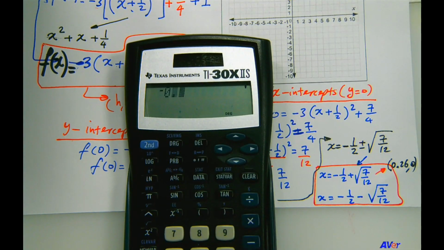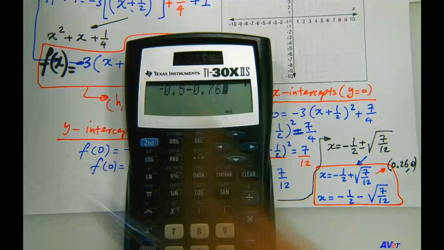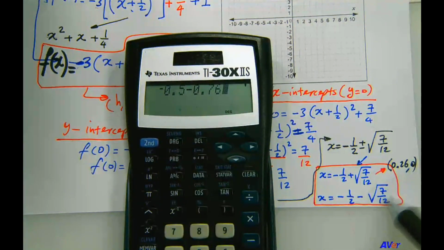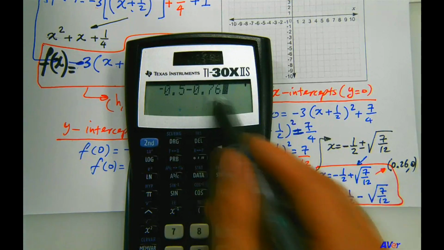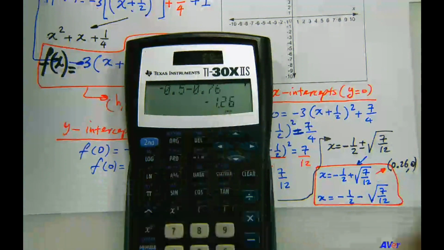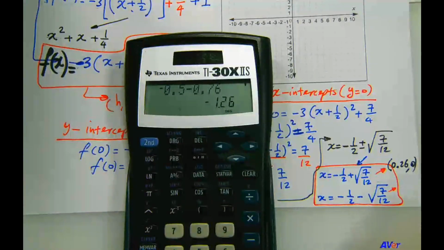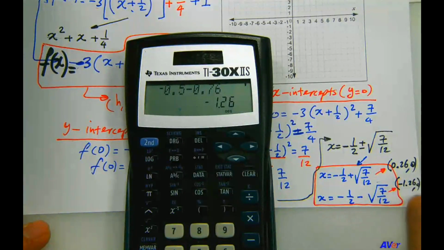Minus 0.5 minus 0.76, which is what we approximated square root of 7 over 12 is. Okay, so minus 1.26, right? So this one will be minus 1.26 comma 0.